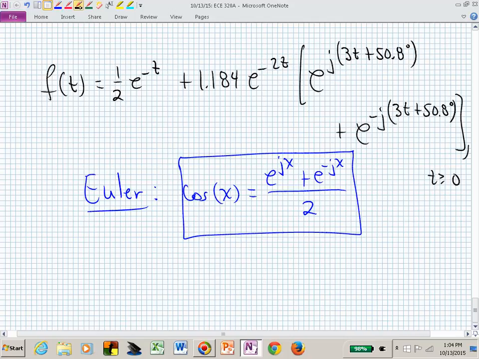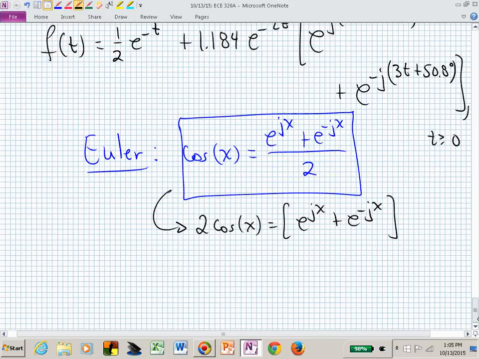If we multiply by 2, we have 2 cosine of x is equal to e to the jx plus e to the minus jx. Now do you see why I was getting so excited? What is x? 3t plus 50.8 degrees, right? So now we can put it into a real expression without any complex numbers.